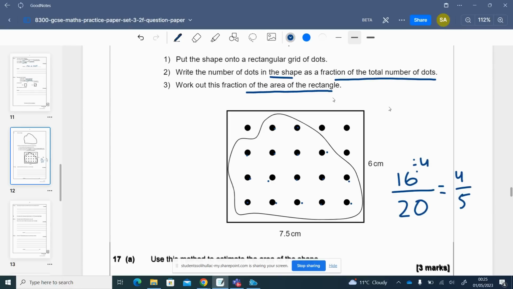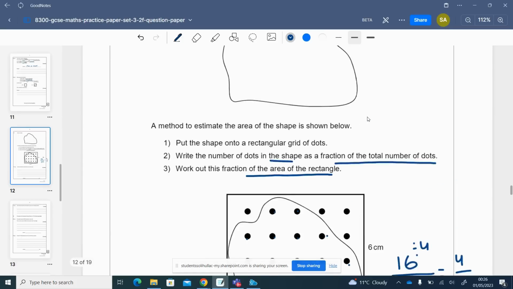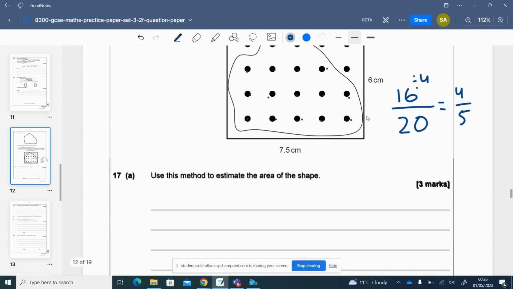So if you want to work out the area of the rectangle, that gives you 4 over 5. Okay, so the area of the rectangle is 45 centimeters square, because when you do 6 times 7.5, that's the area of the rectangle, which is 45 centimeter square.